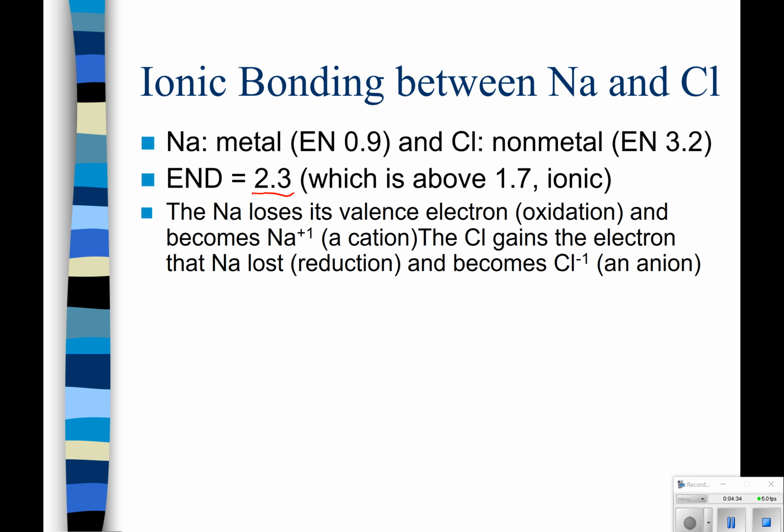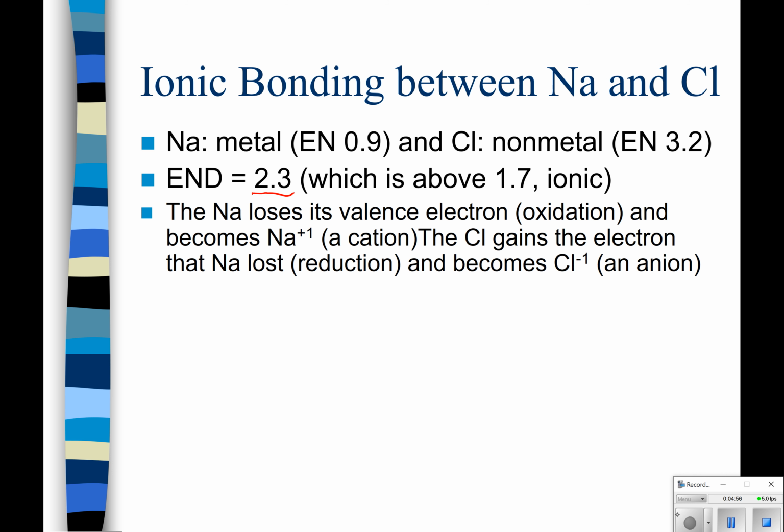It's good practice to double check to make sure where the electronegativity difference lies, especially when we consider our other types of bonds, because those ones, it's going to depend on a specific value of electronegativity difference to determine, again, like ionic, what type of bond we actually have.